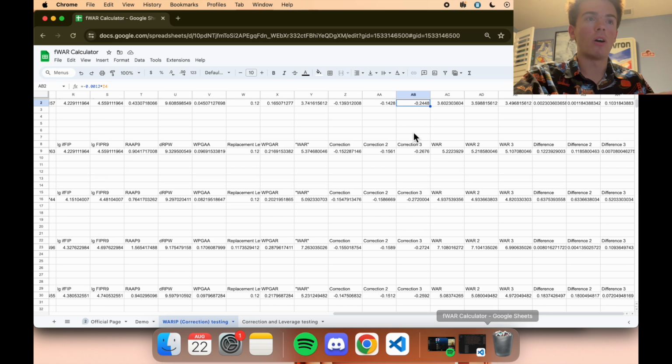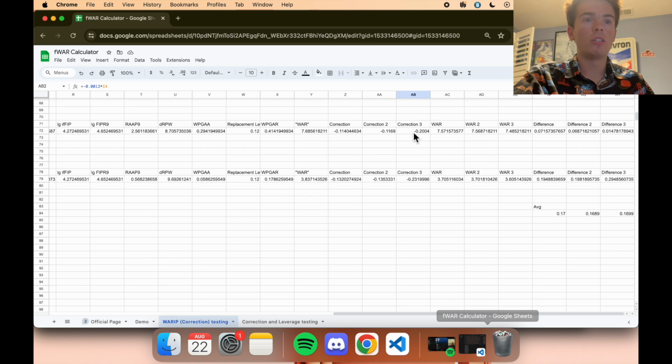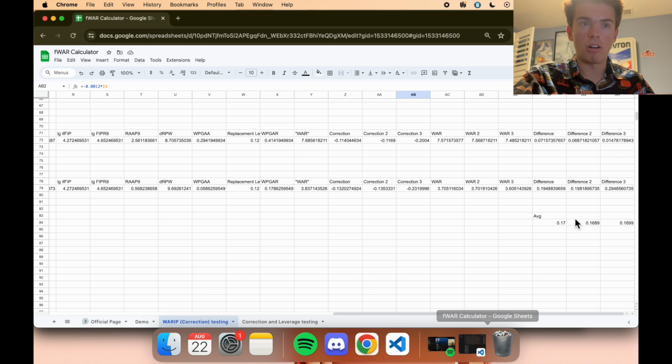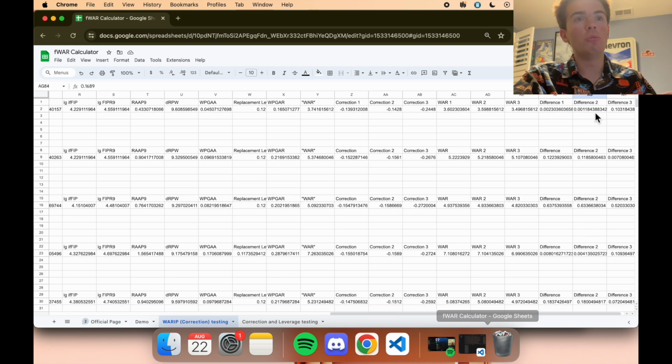And so what I found was, using the first correction, only using Stroman, well, you can see these are all remarkably similar because the value of WARIP is very, very, very small.